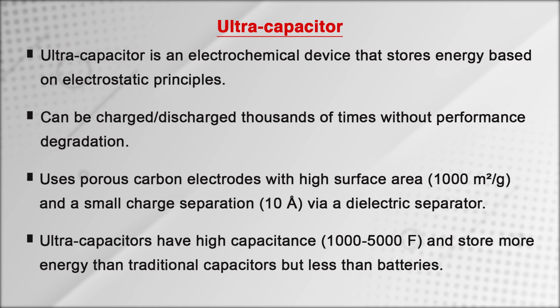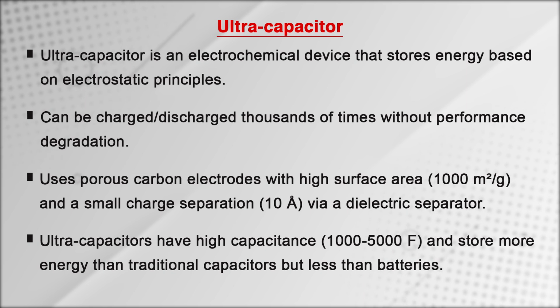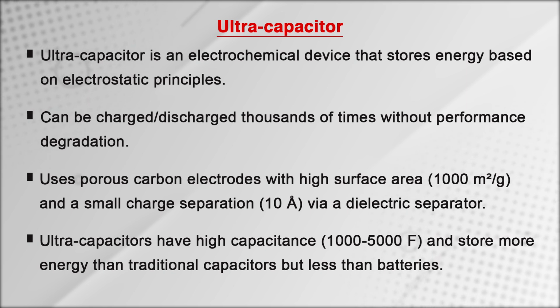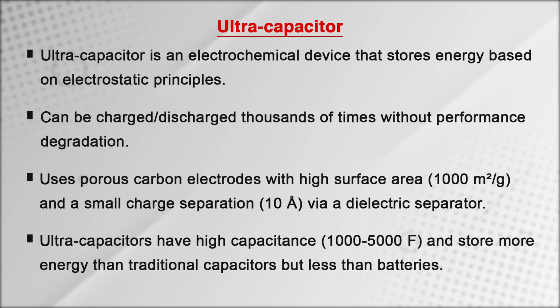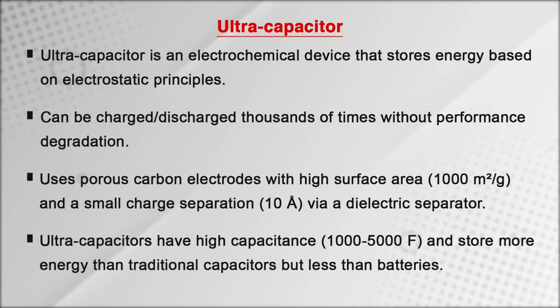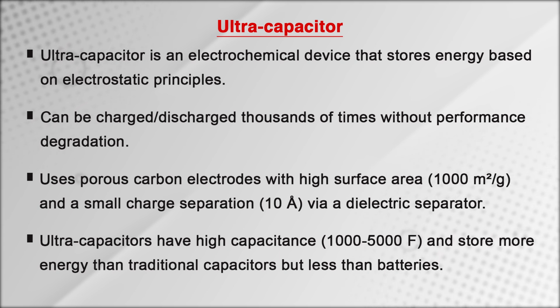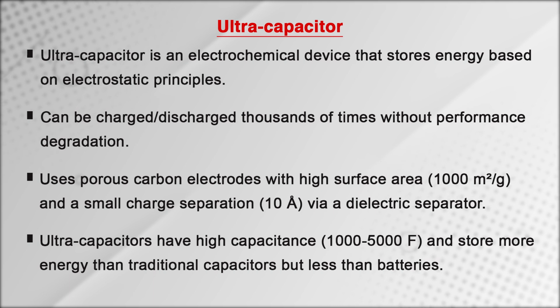So, the ultra capacitor stores more energy than the traditional capacitor, but less than the battery, and hence it can be used for applications reserved for the battery and capacitor. An ultra capacitor offers higher power density, long cycle life and efficient operation, since the rates of charge and discharge are determined by its physical property.